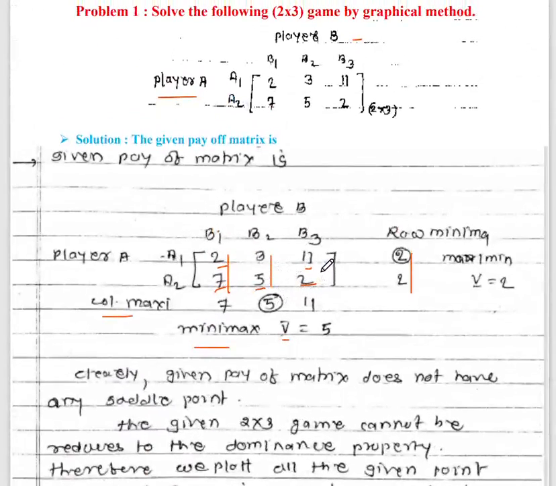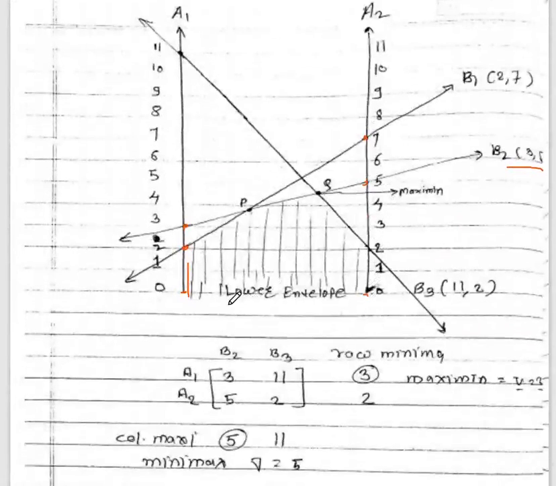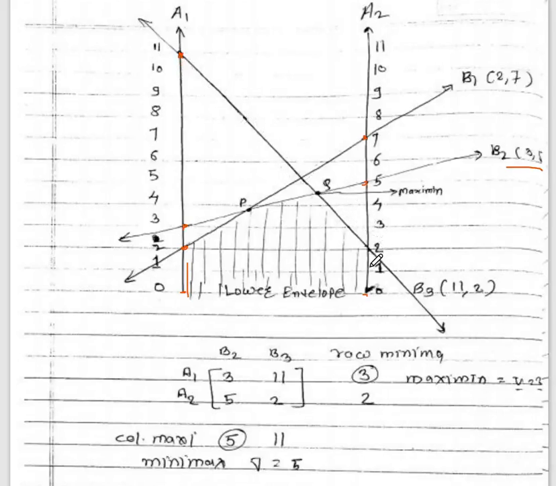Similarly, we draw the b3 line, where a1 is 11 and a2 is 2. Then join this line and name it b3. In this way, we plot all the points on the a1 a2 axis, then draw the lines.